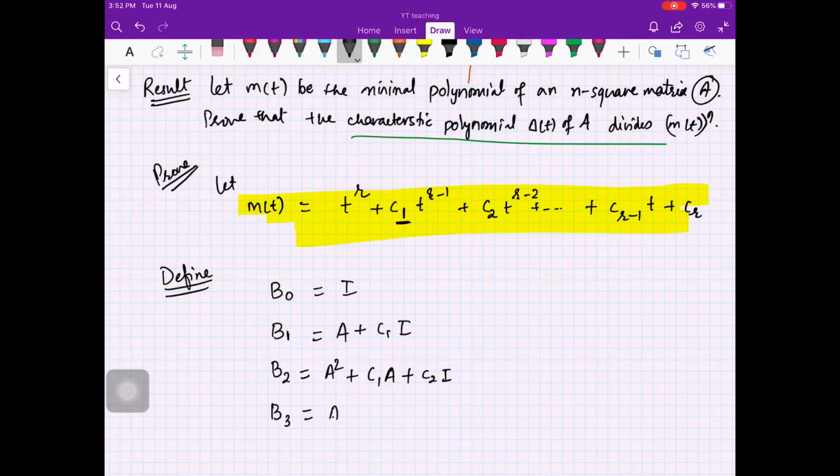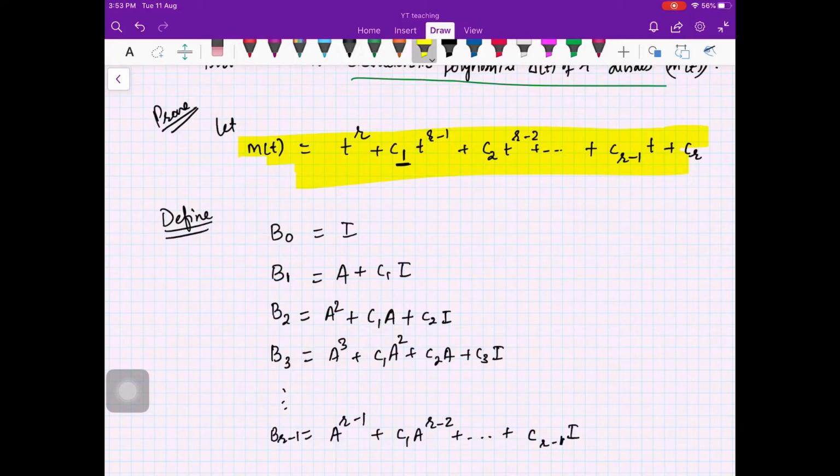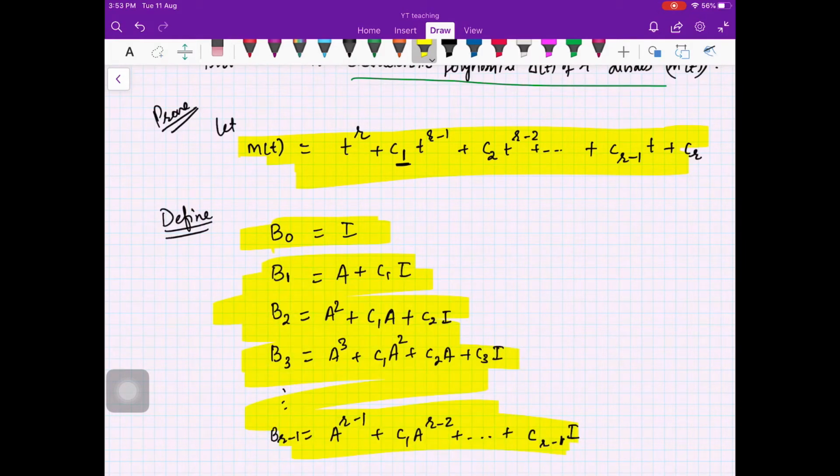Then B3 as A cube plus c1 A square plus c2 A plus c3 I, and so on. I'll take up to B(r-1), which I am defining as A raised to power r minus 1 plus c1 A raised to power r minus 2 plus so on, c(r-1) I, right? So this is what you are defining. In a moment you will get to know why we are defining like this.